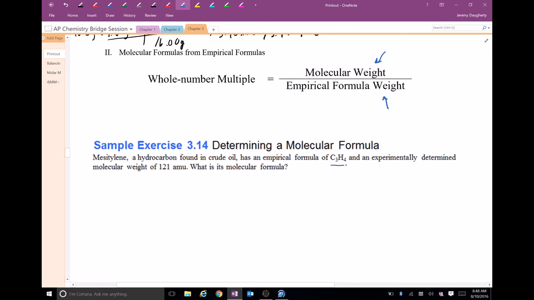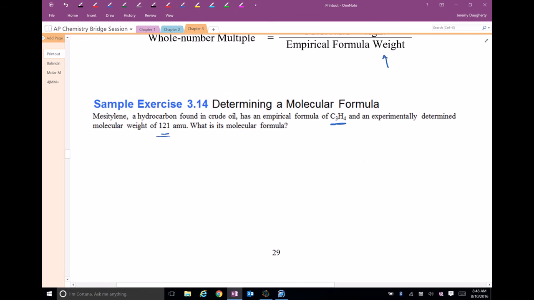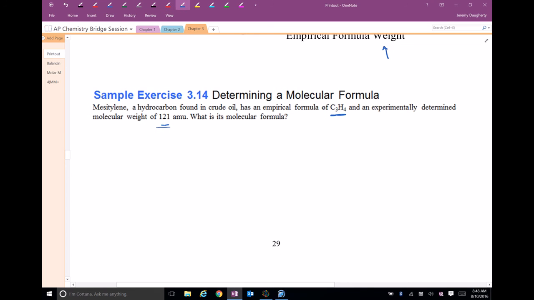We have an experimentally determined molecular weight of 121. So in other words, the molecule weighs 121 AMUs. We know that. What is the molecular formula?